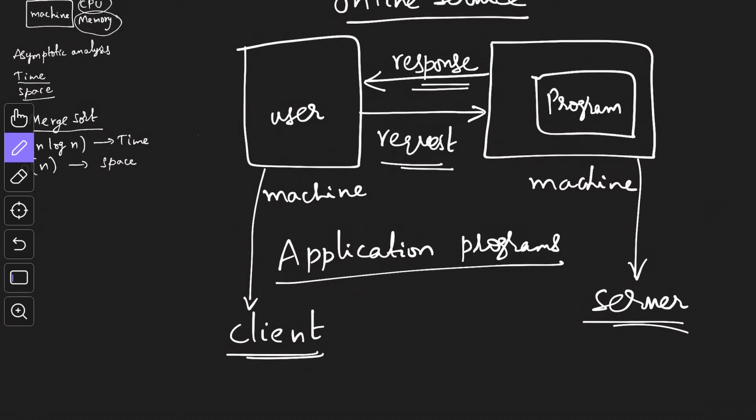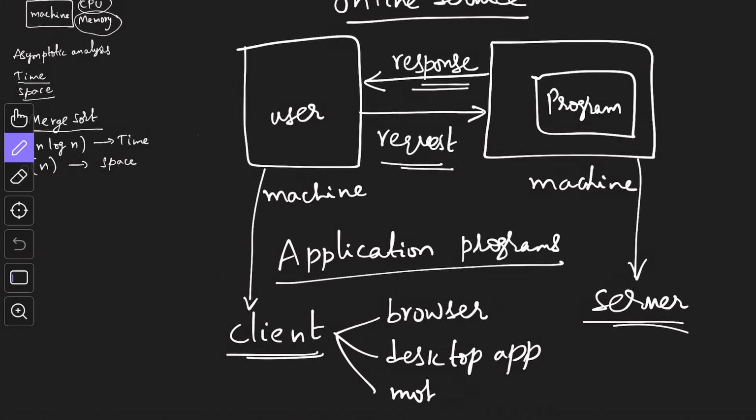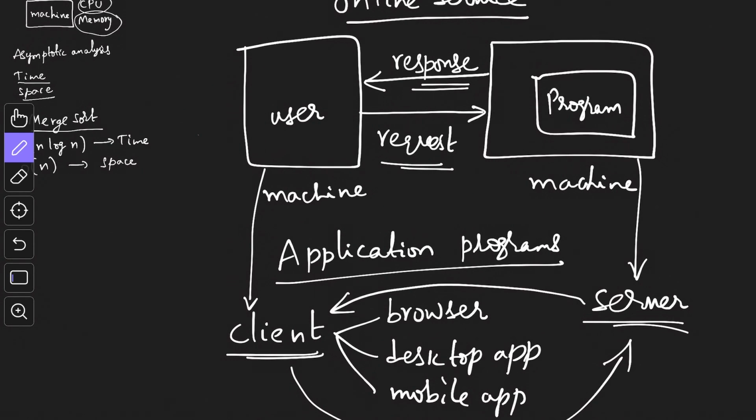The client can be a browser, or it can be a desktop app, or it can be a mobile app. The client sends the request to the server, and the server can do a lot of sophisticated logic and sends the response back.